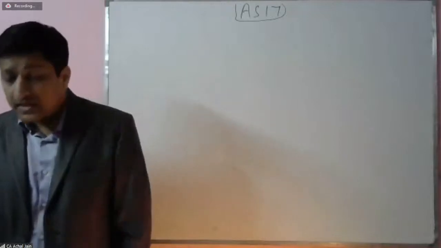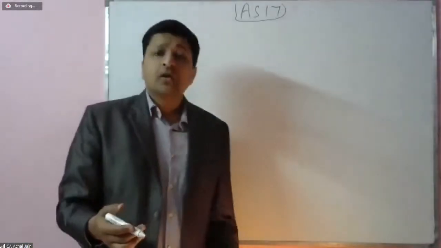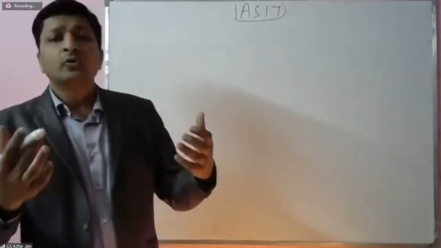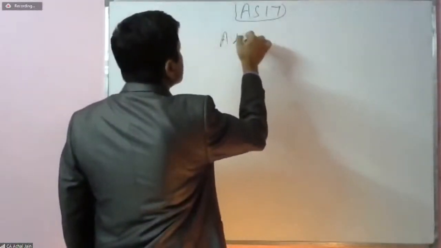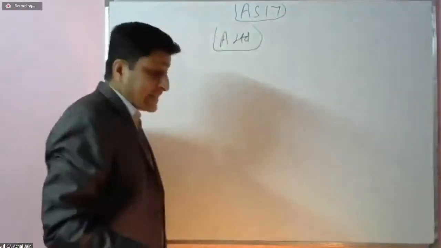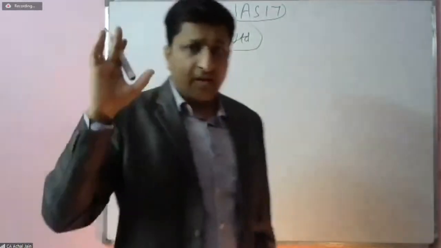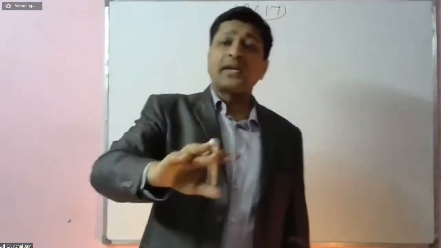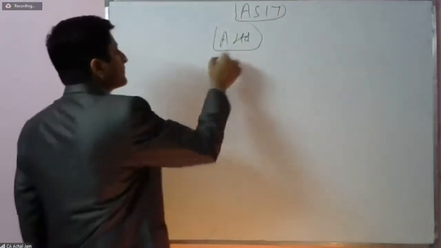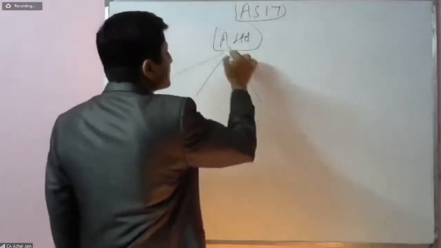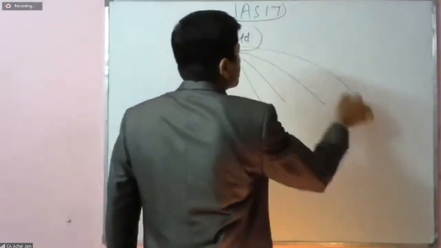Now, the next aspect is about segments which are required to be reported. One thing which we have discussed so far is the identification of segments. That in a company, various segments are possible. It could be on the basis of nature of business.